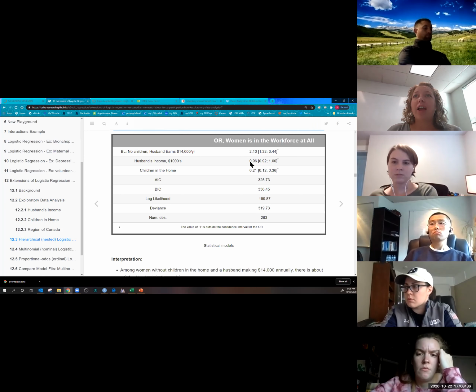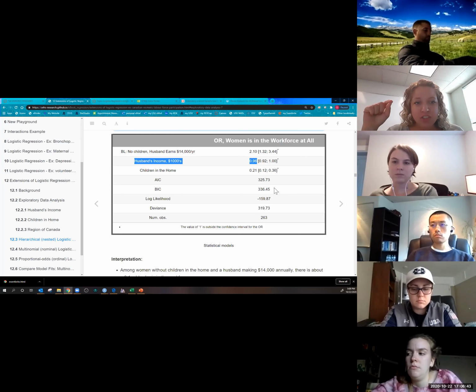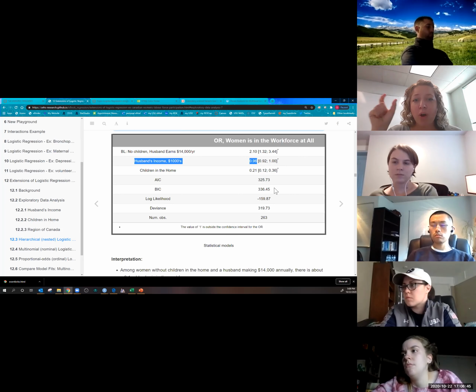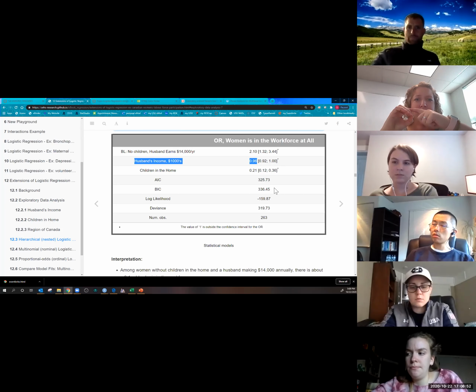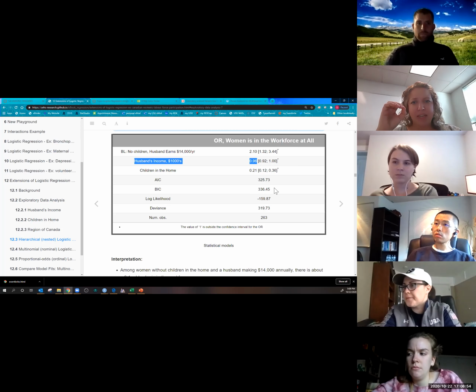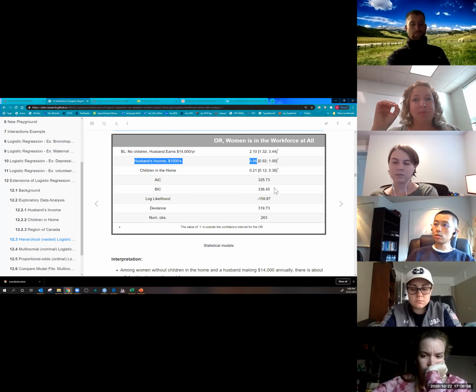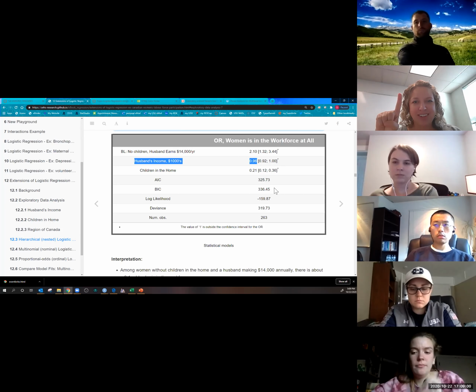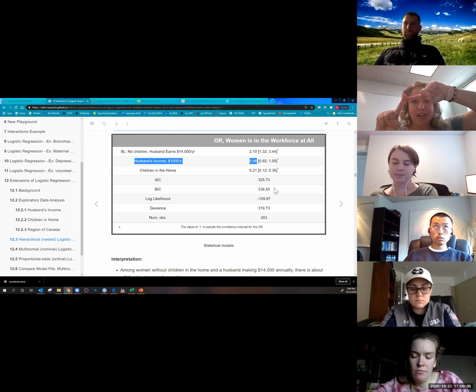The other exponentiated betas tell you the odds ratios. So let's look at husband's income. For logistic regression, what do we compare the exponentiated beta to? Usually we compare our betas to the number 0 and say if it's positive, it makes it go up, and if it's negative, it makes it go down. But in logistic regression, we compare the exponentiated betas to the number 1. And if it's bigger than 1, it's going up. And if it's less than 1, it's going down.